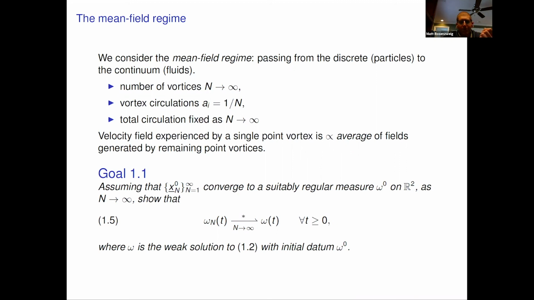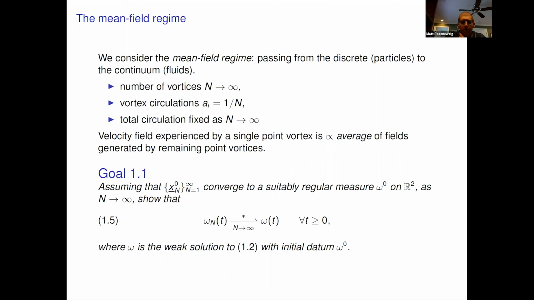Why was this called mean field? Well, the velocity field that's experienced by a single point vortex is proportional to the average of the fields that are generated by the remaining point vortices. And in particular, the energy per vortex pair is going to be finite in the limit as n goes to infinity.